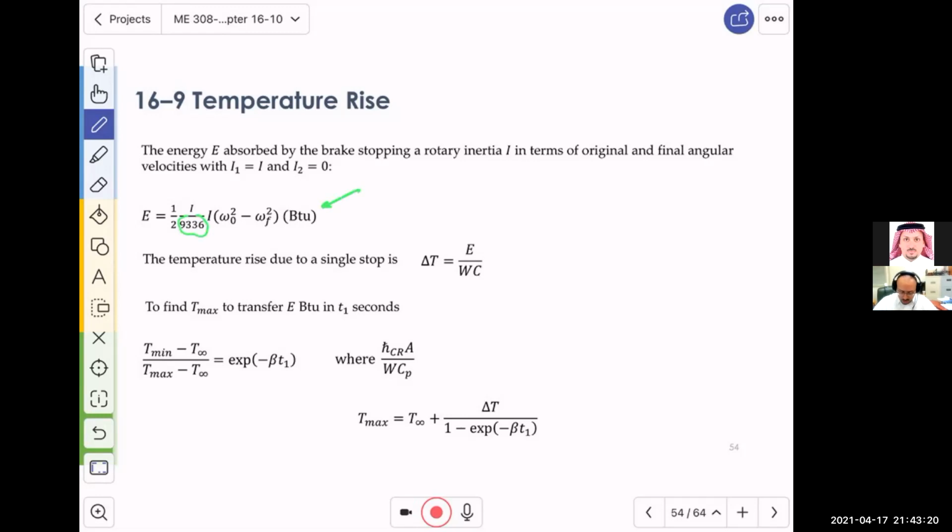This is now the expression for the energy. Okay, considering that the machine was moving with an inertia, initial angular velocity, and then it stopped.